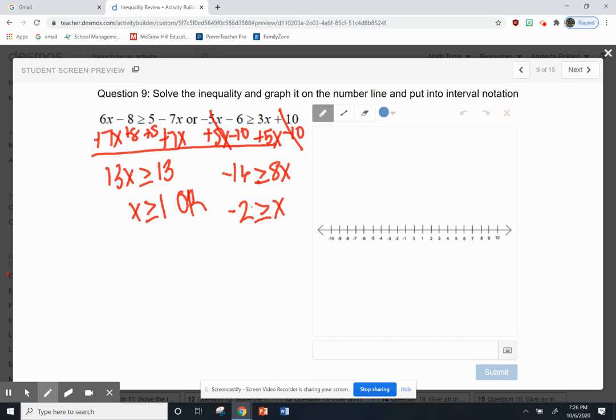So we have x is greater than or equal to 1, filled in circle, going this way. And x is less than or equal to -2, filled in circle, going this way. So they're going in opposite directions. So I'll get -infinity, comma, -2 bracket, union, because we have the space, 1, comma, infinity.